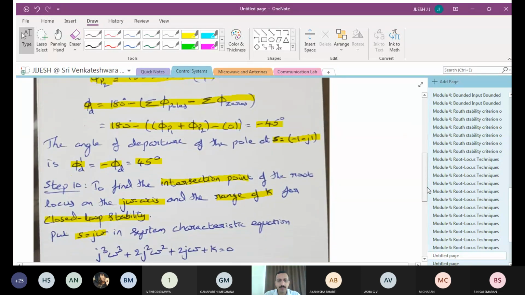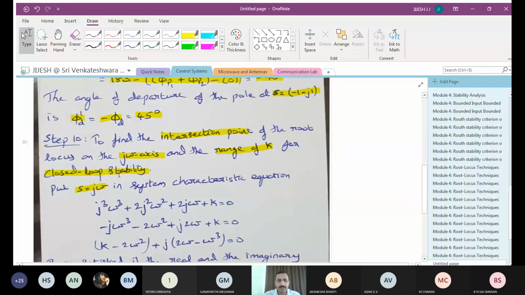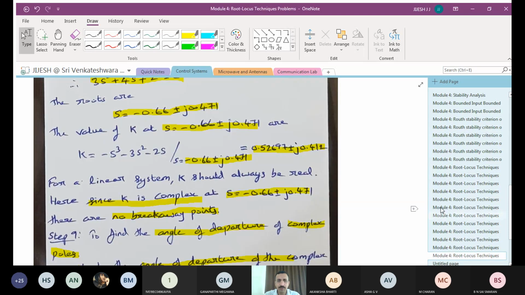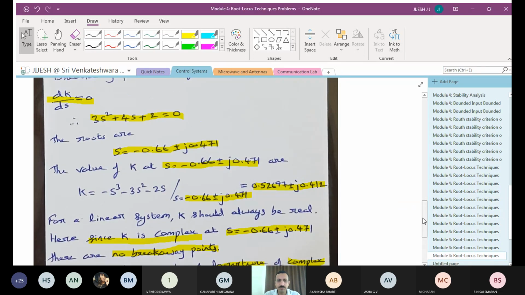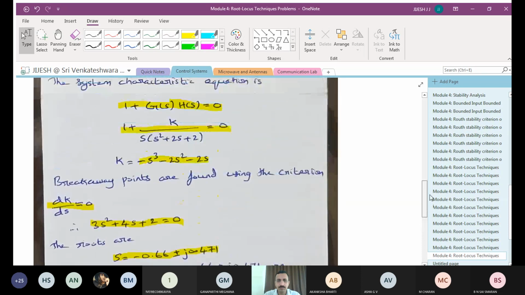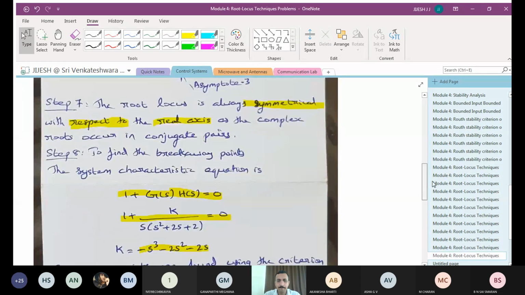So when you substitute s is equal to j omega, you will get omega cube minus 2j square omega square minus 2j omega plus k is equal to 0. This is which you have already done before. See, this is the equation, k is equal to minus s cube minus 2s square minus 2s.